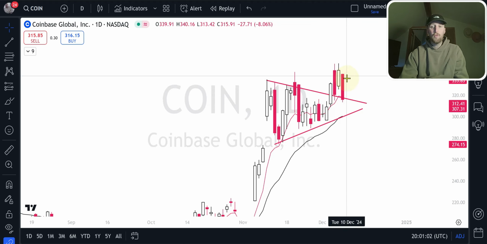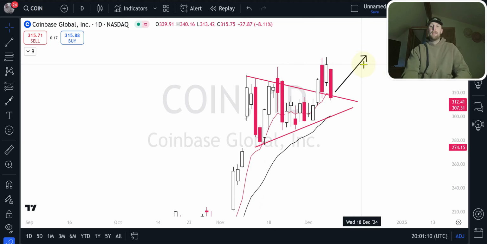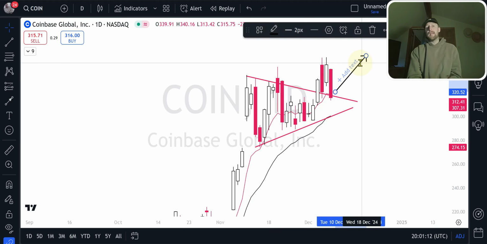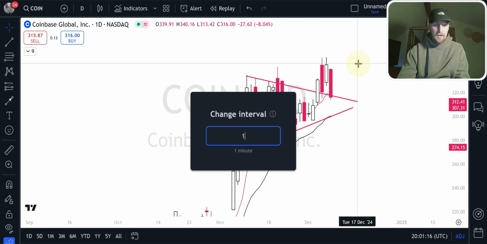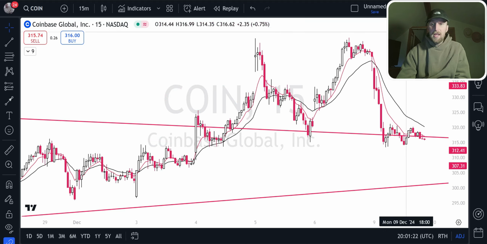Now today we're retesting this wedge, and I am going to predict that tomorrow we make our way back up on Coinbase, okay? So use the daily charts for your bias of the day. But 15-minute charts for your support and resistance. That's just what I found is easiest for me.